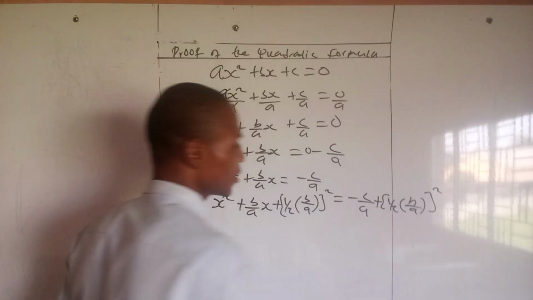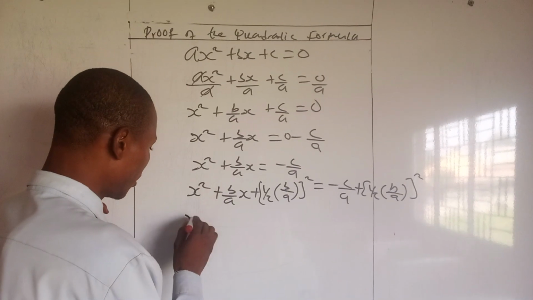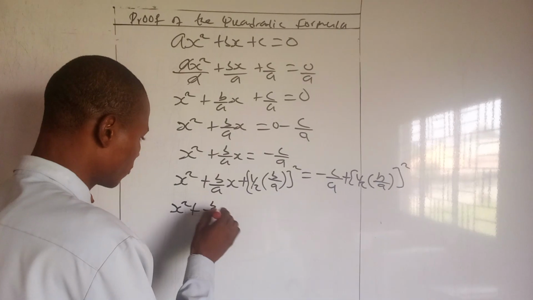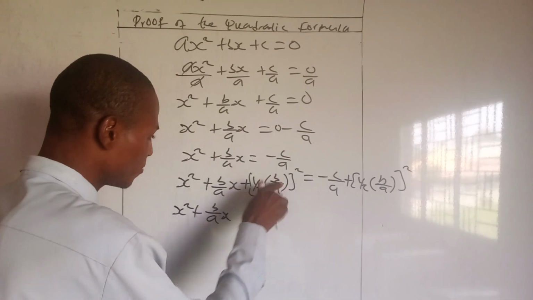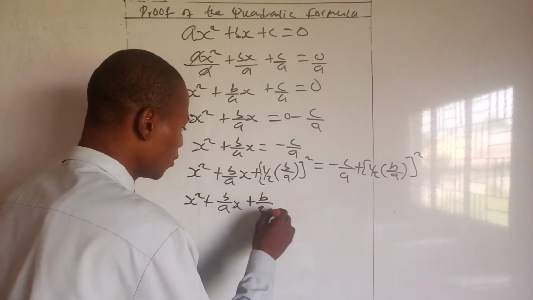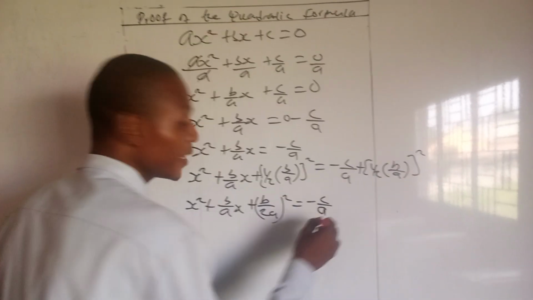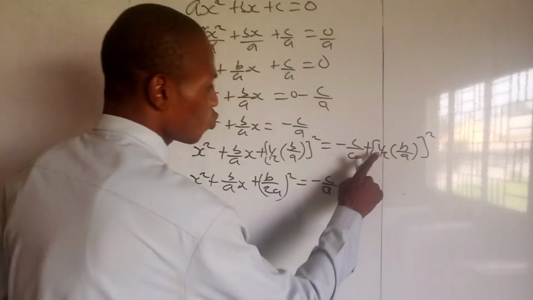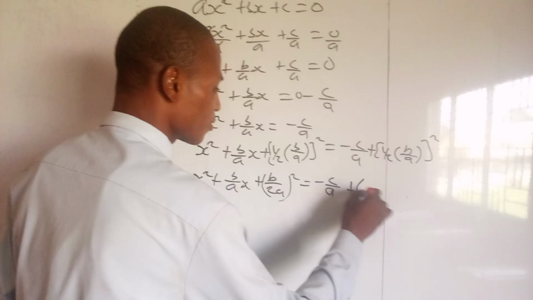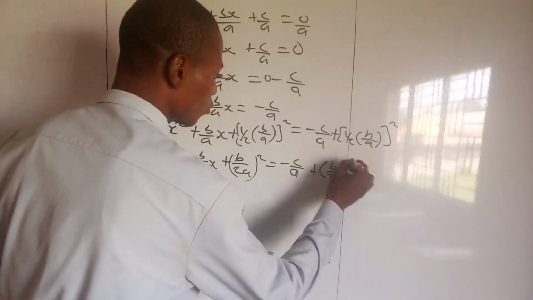So 1 times b is b, 2 times a is 2a, all squared equals minus c over a plus 1 times b over 2 times a, which is 2a, squared.